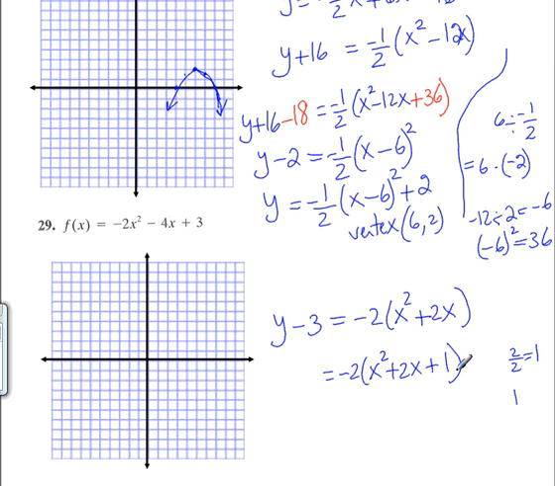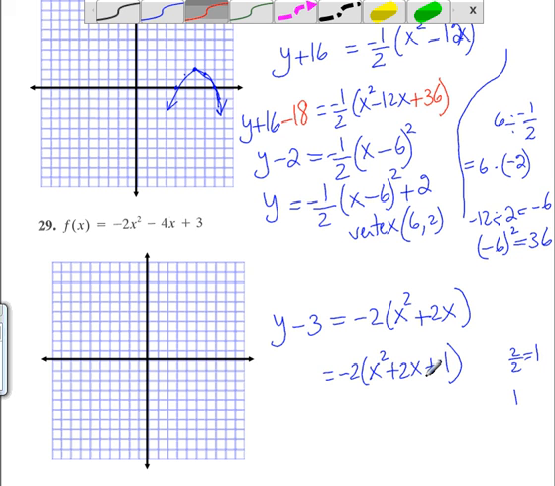And let's see what we really added to this side is the negative 2 times 1. That's negative 2. So we really added a negative 2 to our right side. So we've got to add a negative 2 to our left side as well. So here we get y minus 5.